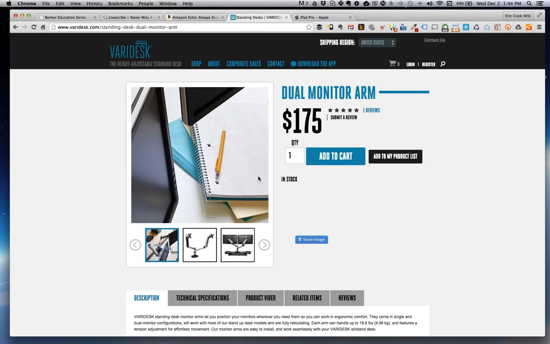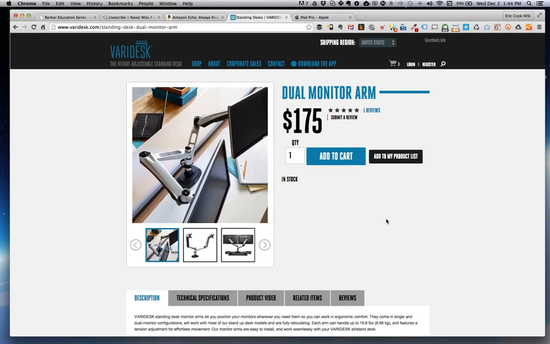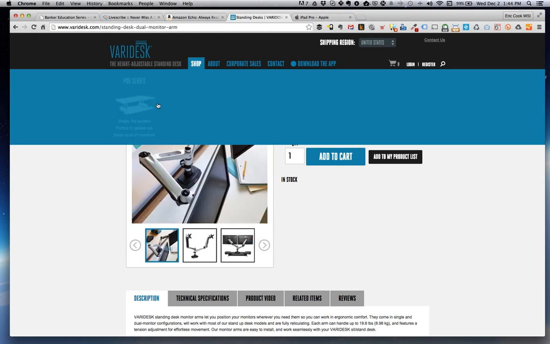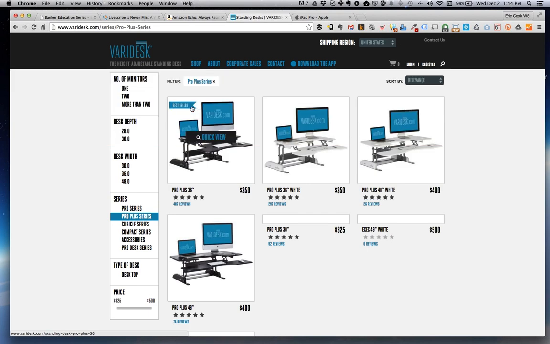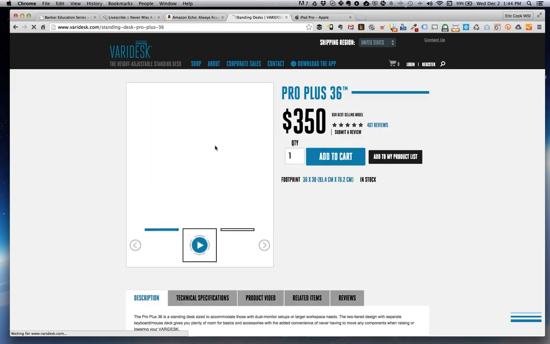It's being able to stand and move, get up. They also offer the little standing pads. But it's a relatively inexpensive way of getting some additional ergonomic options. If you sit at your desk a lot, you can stick it on the desk. It doesn't really change your layout too much.